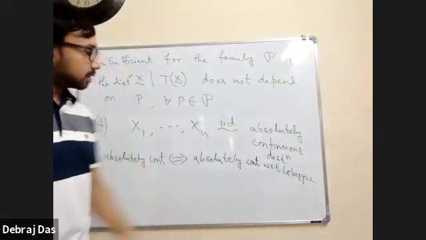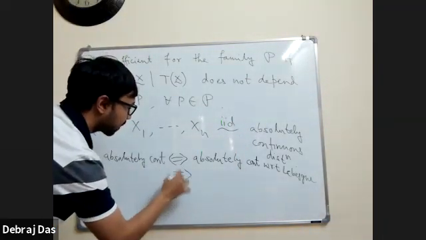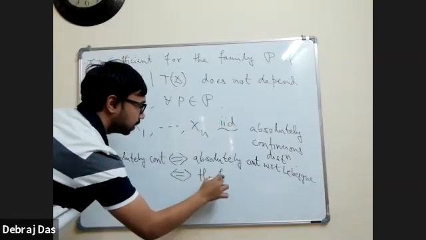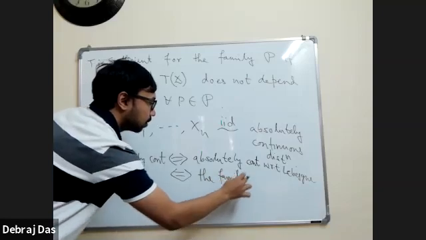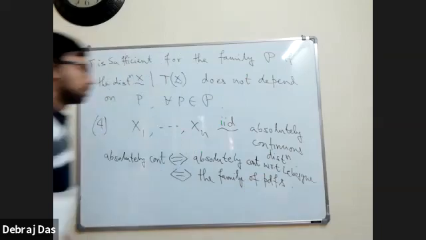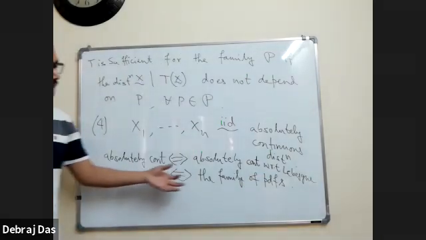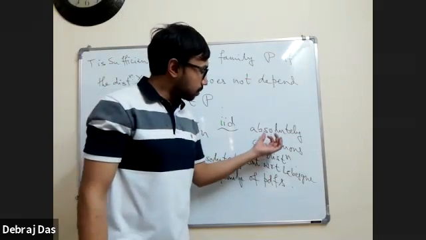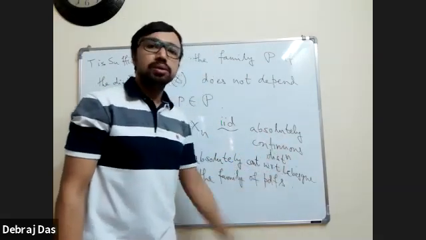So this family is characterized by the family of PDFs. Here the underlying family of models is simply the family of all absolutely continuous distributions.